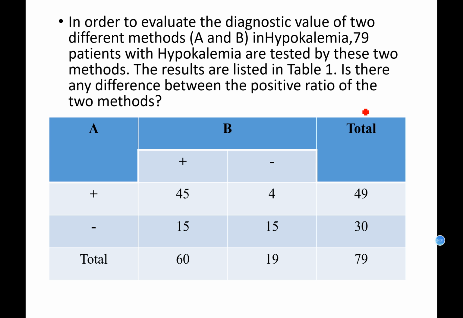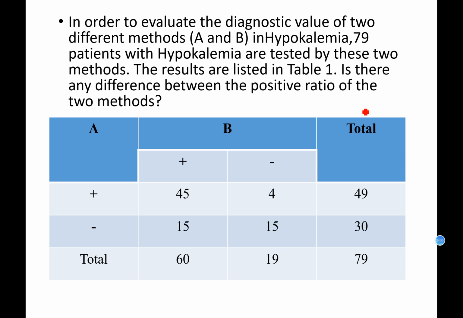In step 1, H0 should be pi1 equals pi2, and HA is pi1 is not equal to pi2, and alpha equals 0.05.